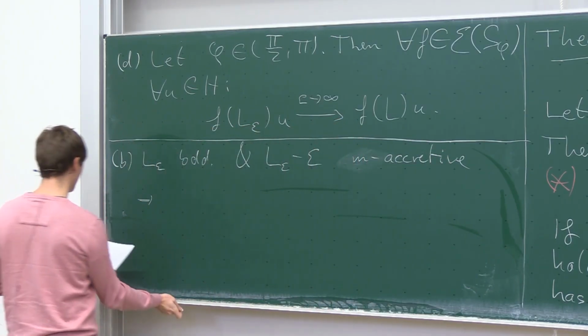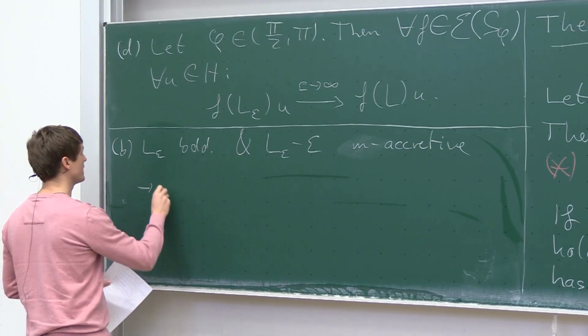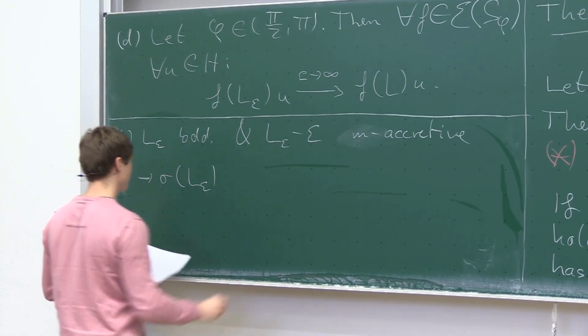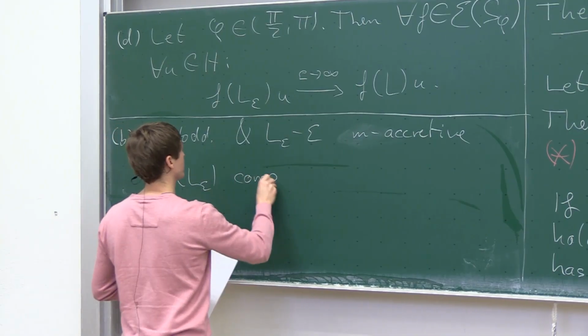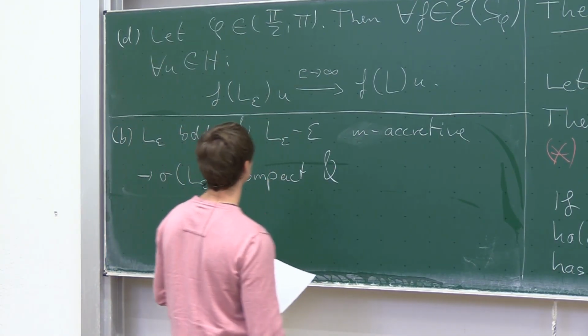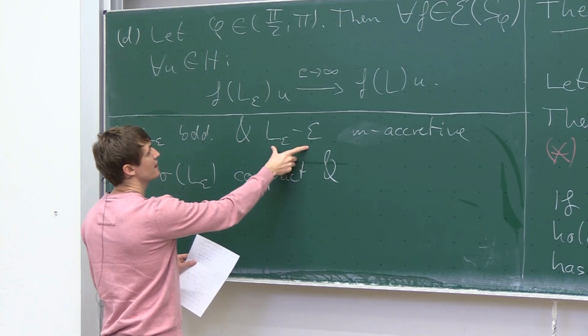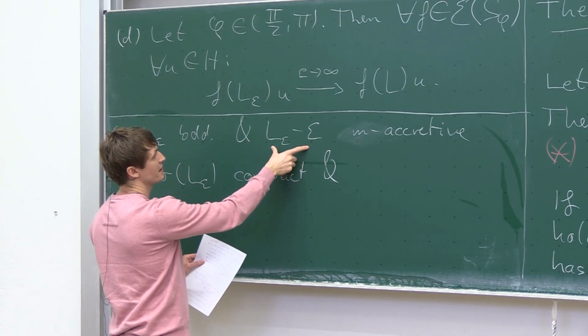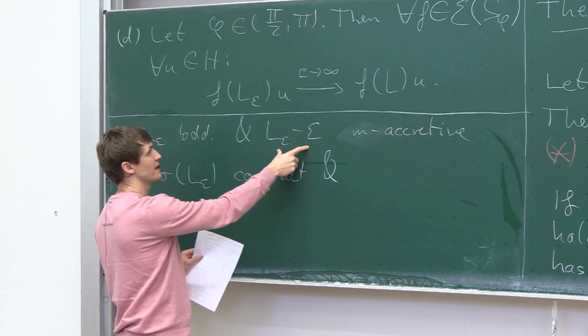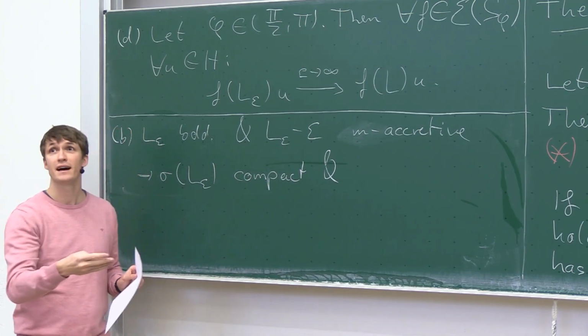It means first that the boundedness of L epsilon implies that the spectrum of L epsilon is compact, and because L epsilon minus epsilon is m-accretive, we know that the spectrum of L epsilon minus epsilon must be contained in the right half plane.